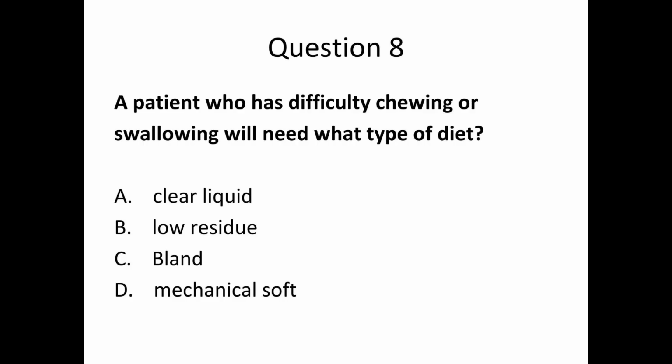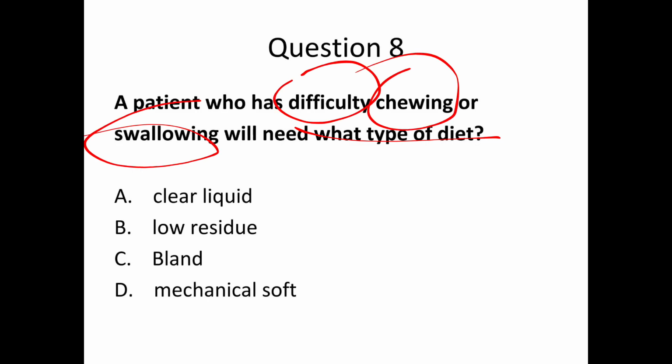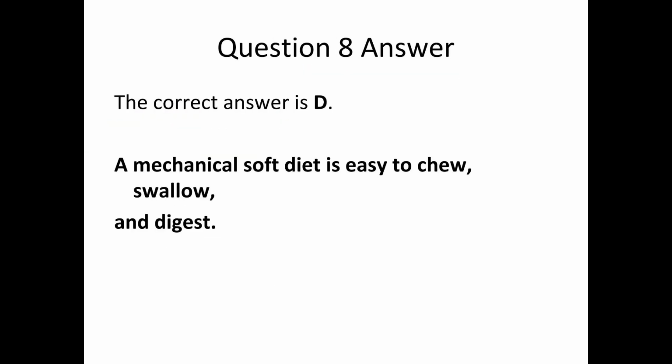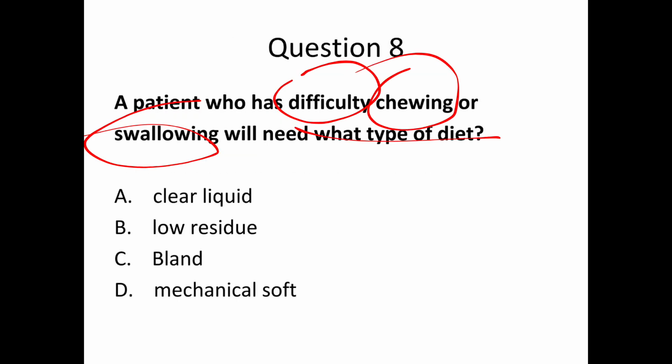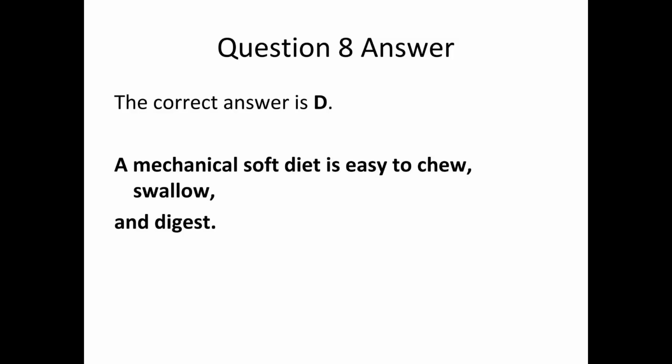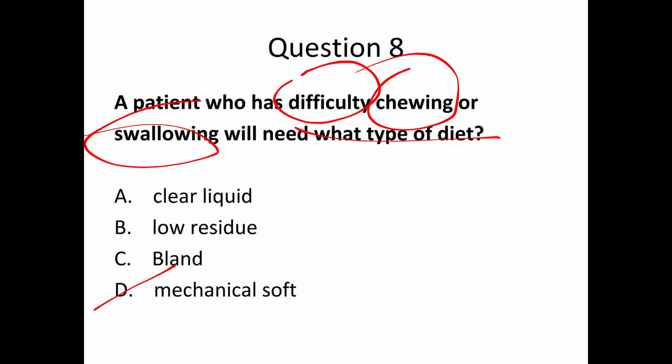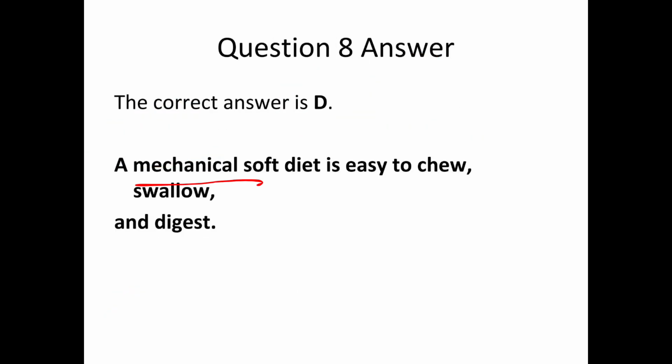Remember, the client has difficulty chewing or even swallowing. So we are supposed to give option D, which is mechanical soft. What's the reason behind it? A mechanical soft diet is easy to chew, swallow, and even digest. The question was talking about difficulty chewing and swallowing, so we go for the mechanical soft diet.